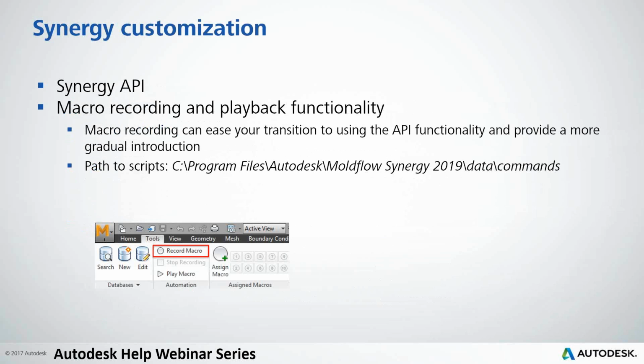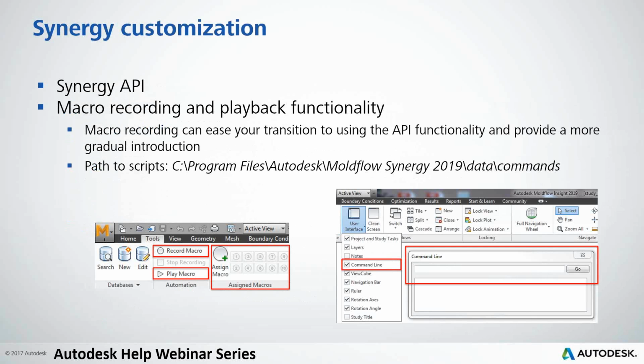We will see this in a live demo, but basically on the same tools panel, we have this record macro. Once we record it, we can just play it. If we are going to play it more than once, we could assign a button to this macro.